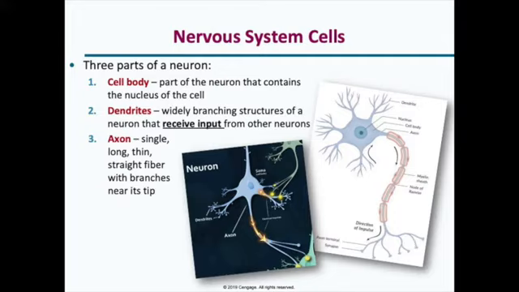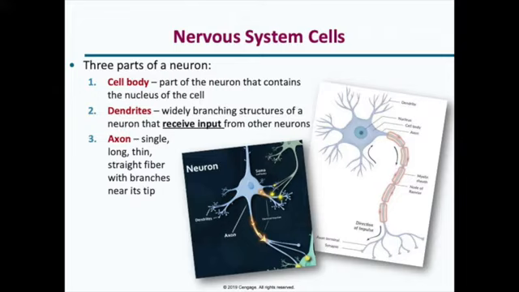The axon is a single, long, thin, straight fiber with branches near its tip. Some vertebrate axons are covered with myelin, an insulating sheath that speeds up the transmission of impulses along an axon. As a rule, an axon transmits information to other cells, and the dendrites or cell body receives that information.